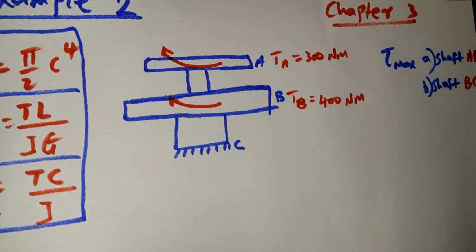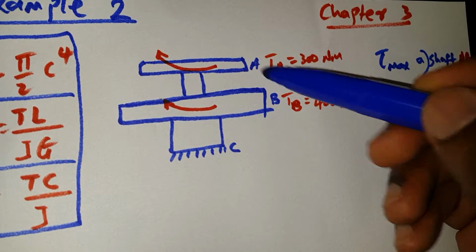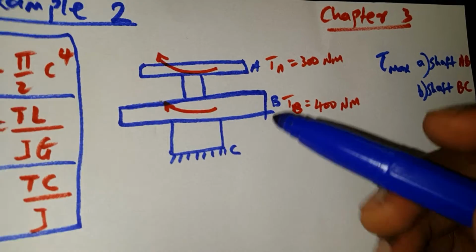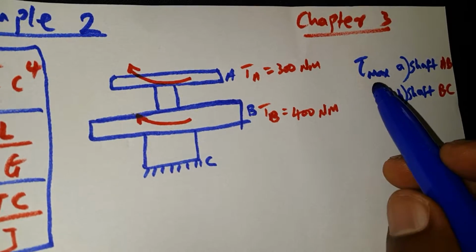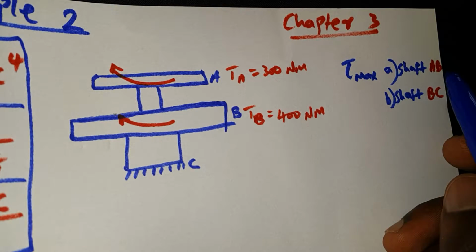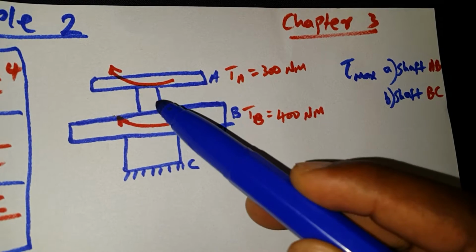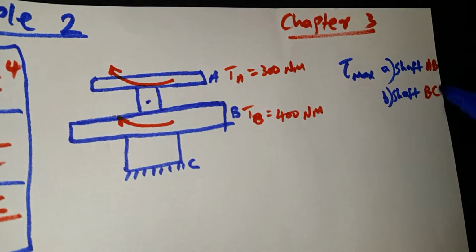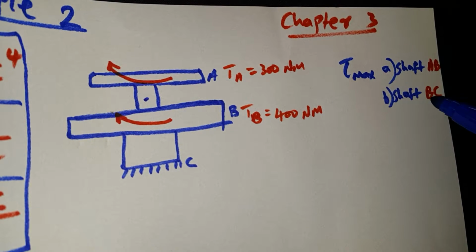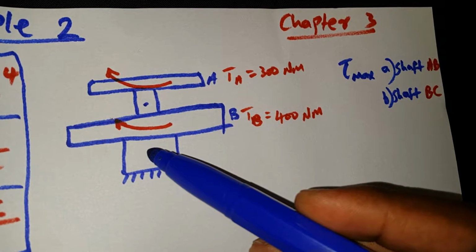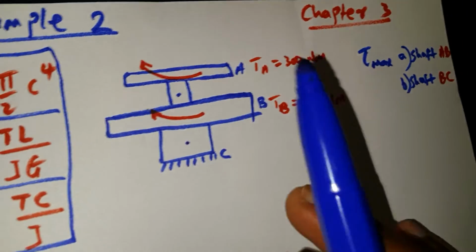We have this shaft, A, B and C. They ask us to find the maximum shear stress in shaft AB, so we are looking for the maximum shear stress within this area, and also in BC, the maximum shear stress within this area.